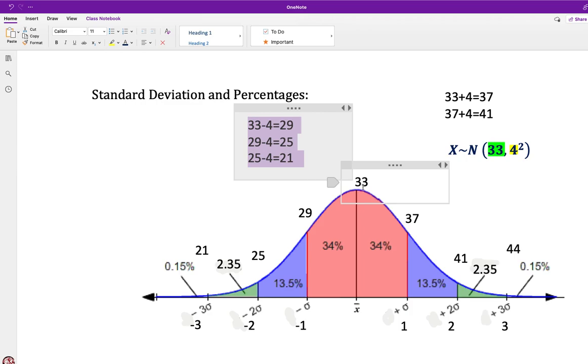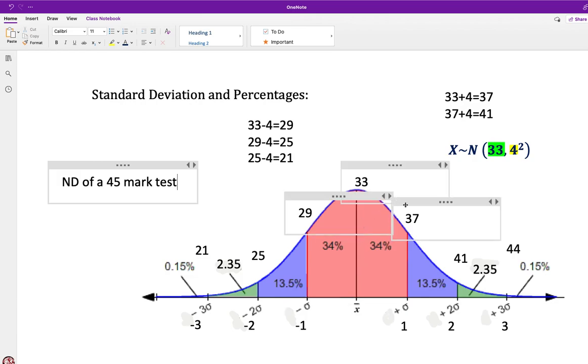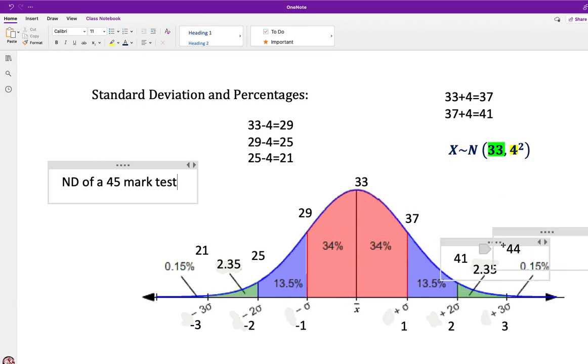Let's say this is a normal distribution of a 45 mark test, as in 45 questions. So the mean, or the average, on the test was 33. Now, that doesn't mean anything on its own. What's 1 standard deviation point? What's 2? What's 3? Doesn't really mean anything to us.